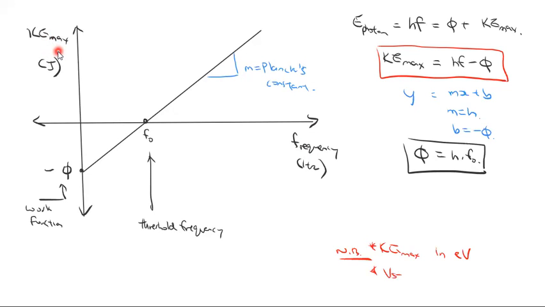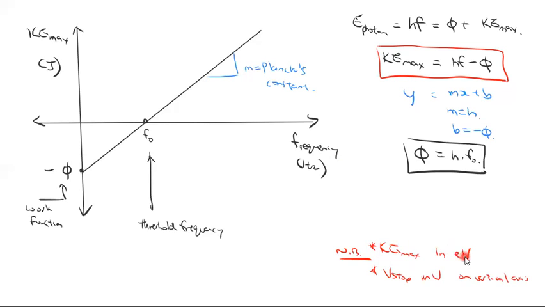You might get V stop in volts on the vertical axis. In those cases, obviously the gradient is no longer Planck's constant, because you've changed things. The graph will still look like this and you'll still have a threshold frequency there, but as a number, that's no longer the work function, and the gradient as a number is no longer Planck's constant. So be careful with that.